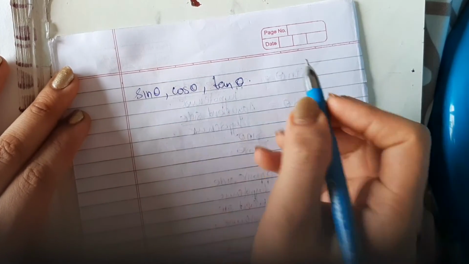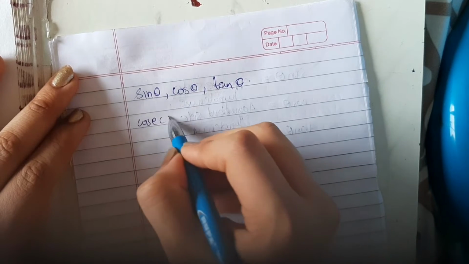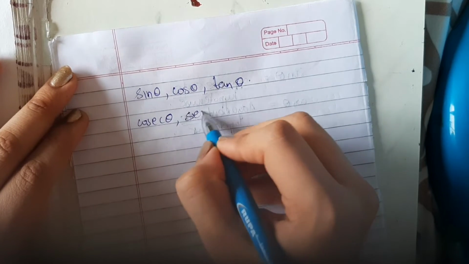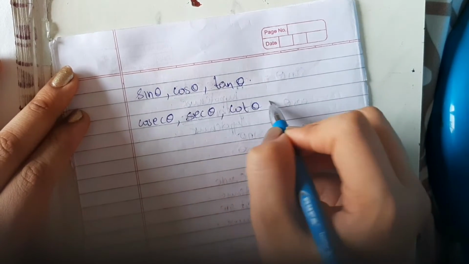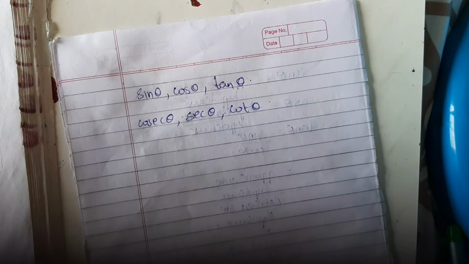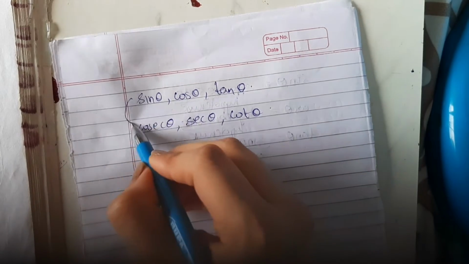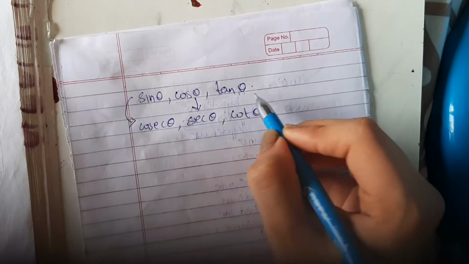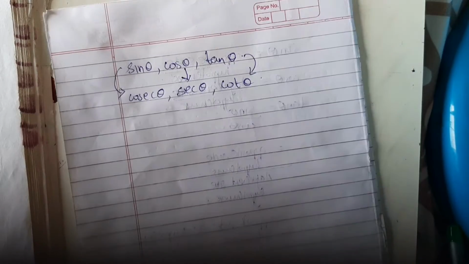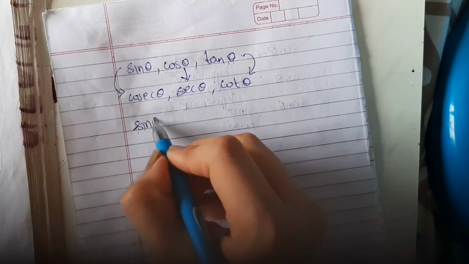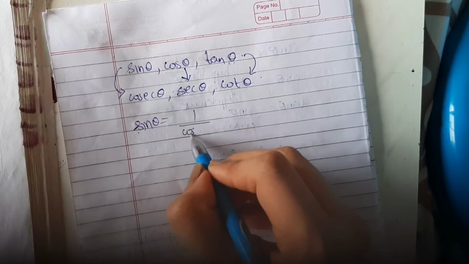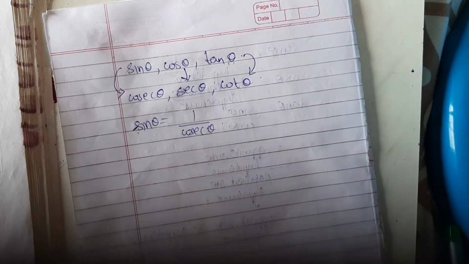Now three more are cosec theta, sec theta, and cot theta. Now what is the relation between sin cosec, cos sec, tan cot? So sin and cosec are related, cos and sec are related, and tan and cot are related. So sin theta is 1 upon cosec theta.